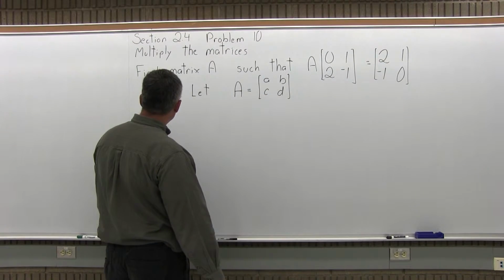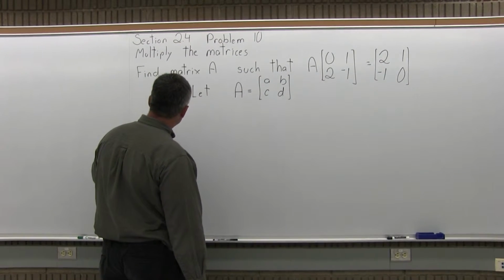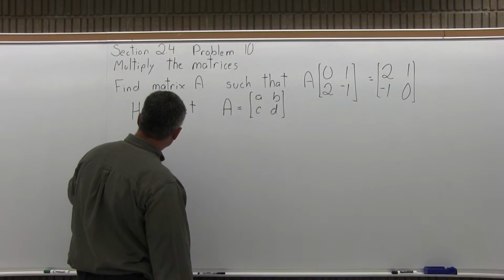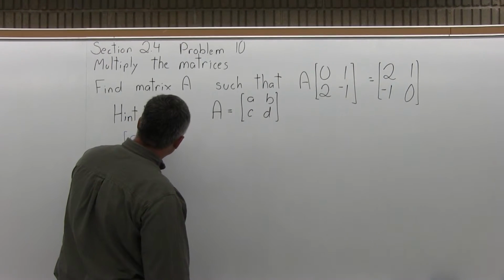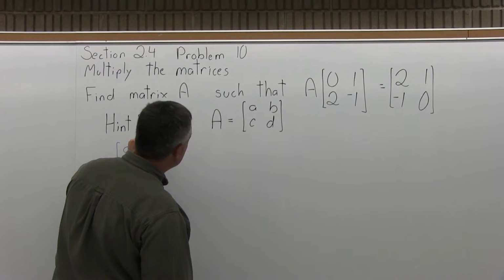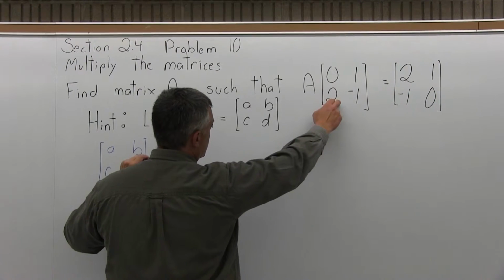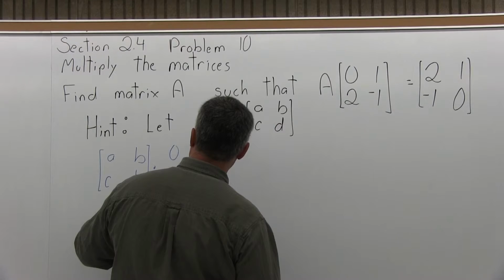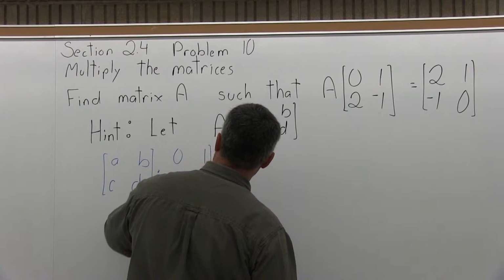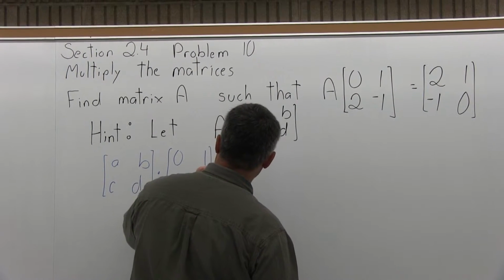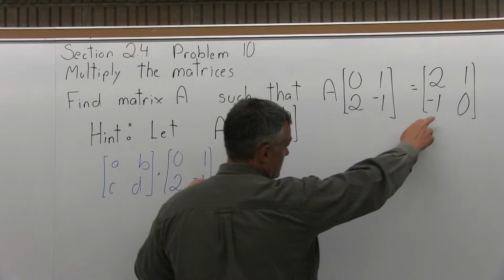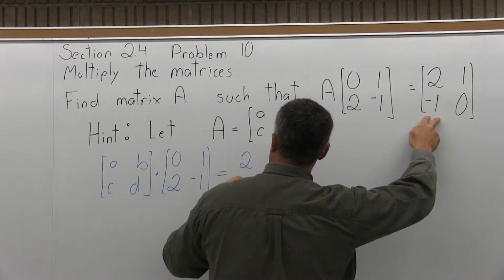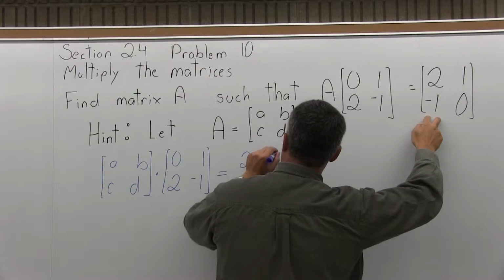So I'm going to write two matrices multiplied together, one of them being a, b in the top row, c, d in the second row, times the matrix from the problem, which is 0, 1 in the top row, 2, negative 1 in the bottom row, and that will equal the matrix that's given in the question after the equal sign, 2, 1 in the top row, negative 1, 0 in the bottom row.